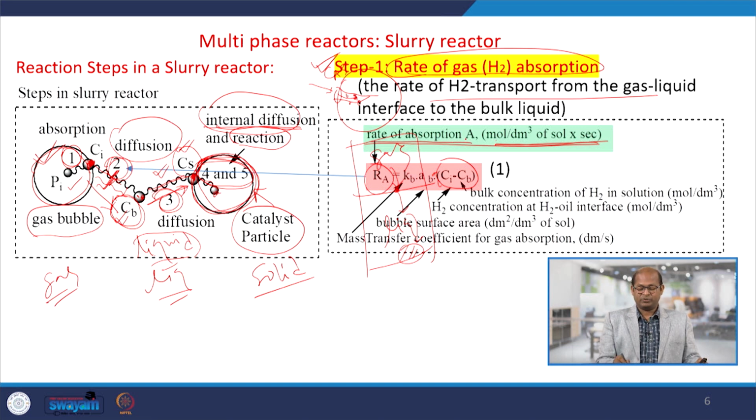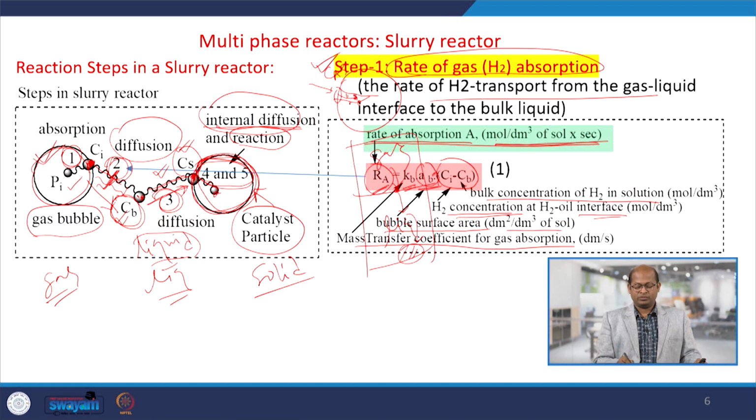Then the rate of absorption for that step we can write as RA equals Kb into Ab into Ci minus Cb, where Cb is the bulk concentration of hydrogen, the gaseous component, in the solution, Ci is the gas component concentration at the gas-liquid interface, Kb is the mass transfer coefficient, the gas phase absorption coefficient, and Ab is the bubble surface area per unit volume of the solution.